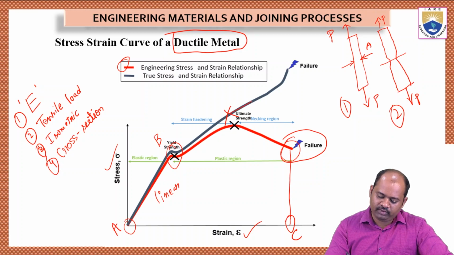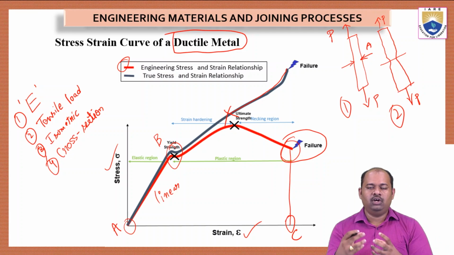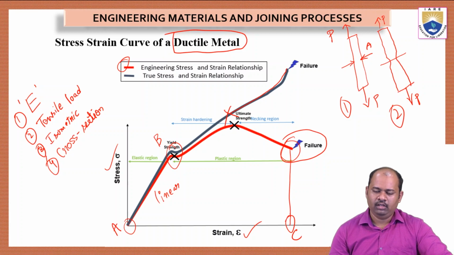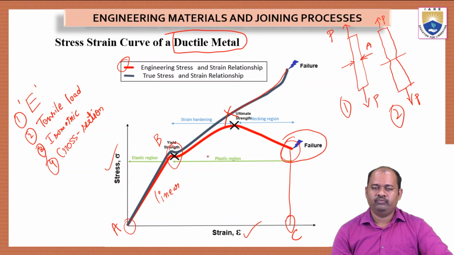So this graph will go up, and finally at some point due to elongation, the metal rod will fail or break. So this is the true stress-strain relationship, where we consider the varying cross-section. In the engineering stress-strain relation, we don't consider the varying cross-section.